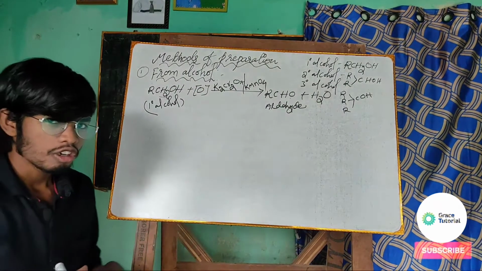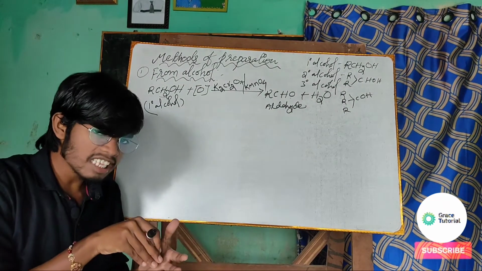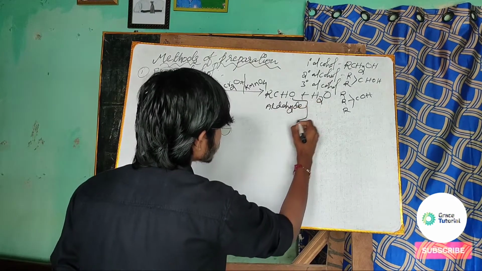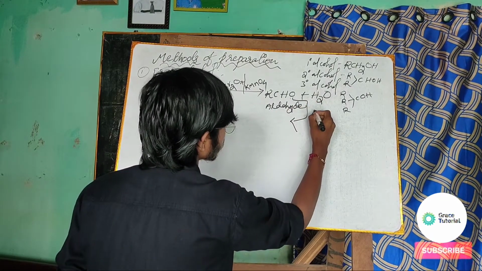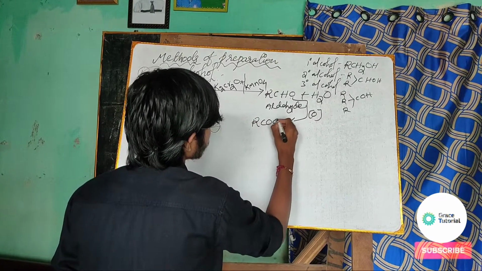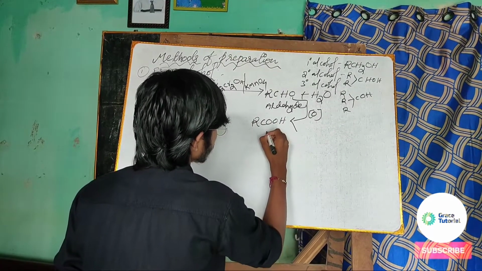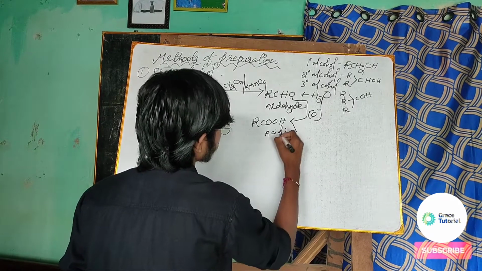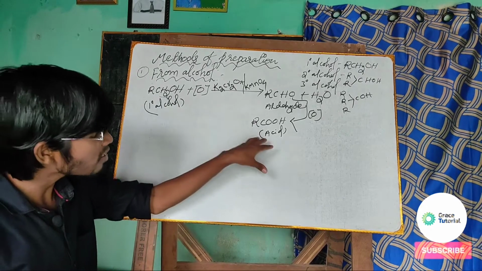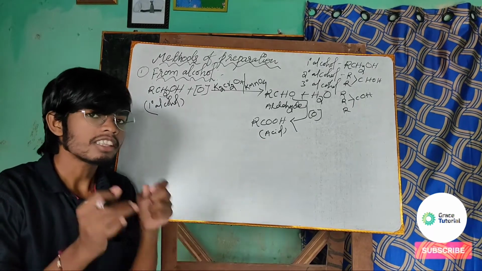So if again the oxidation takes place to that aldehyde, that means if aldehyde is again oxidized, then we have RCOOH. This is acid. Acid is obtained. That means here the formation of acid takes place in two steps.